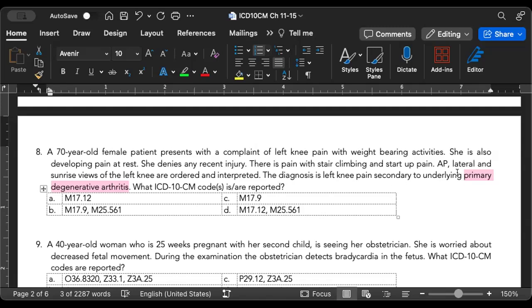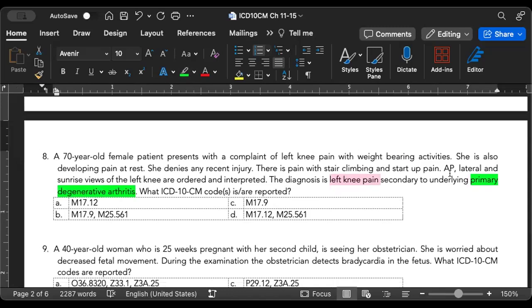So in this scenario, we have that underlying primary degenerative arthritis, and that left knee pain is just a sign or symptom of that degenerative arthritis. So we should only code the arthritis. Does that make sense? Anybody have any questions on that?